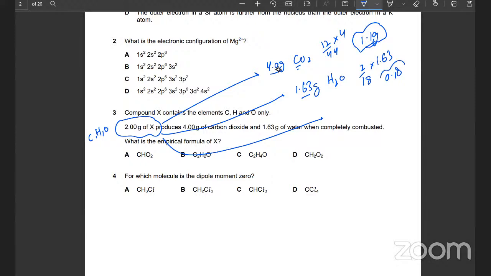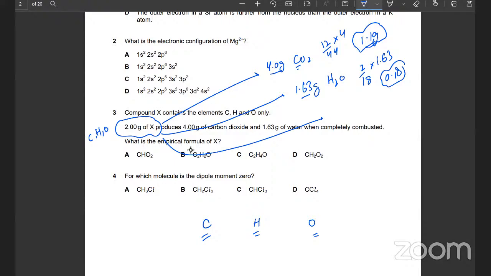Now listen, he's asking for the empirical formula, right? And he's saying that there is a compound of carbon, hydrogen, oxygen. How do you find the empirical formula? If you know the mass of this thing, the mass of hydrogen and the mass of oxygen, that's how you figure out the empirical formula. Is that point clear?